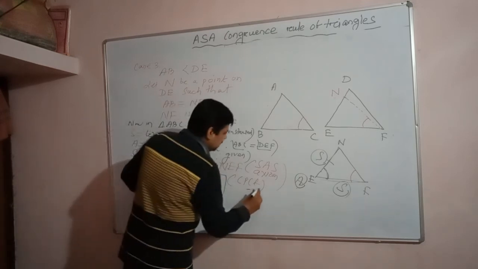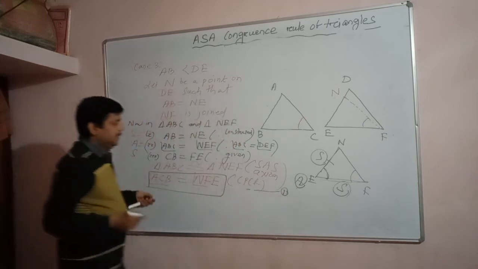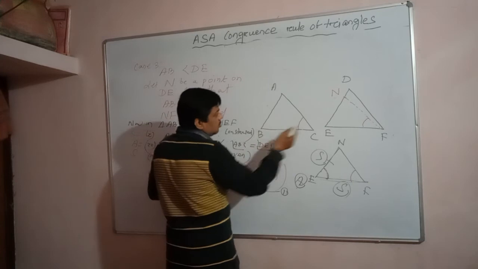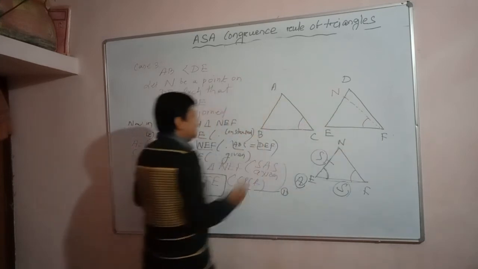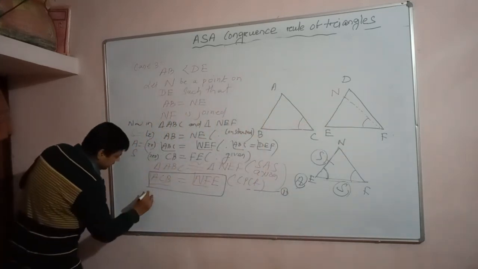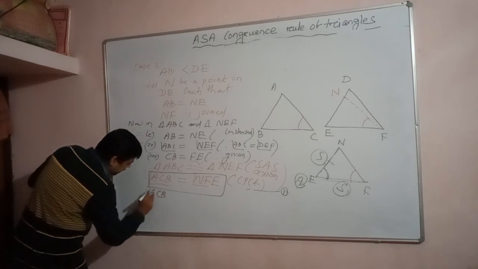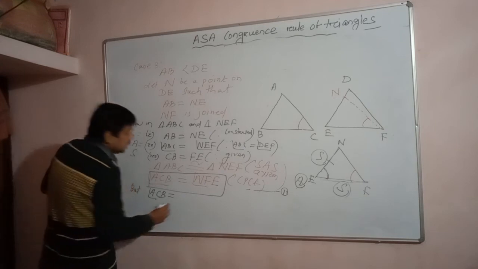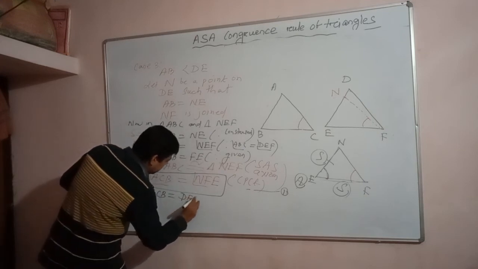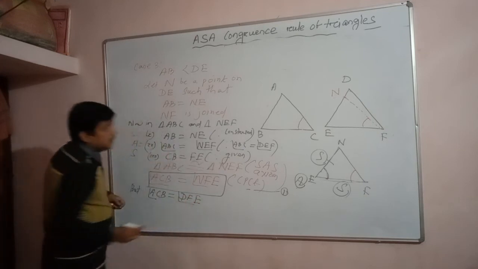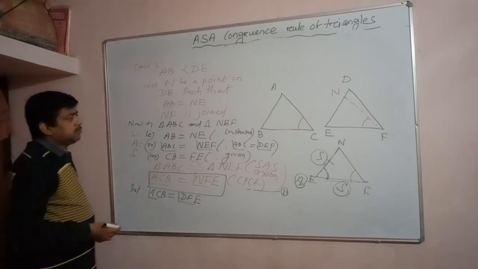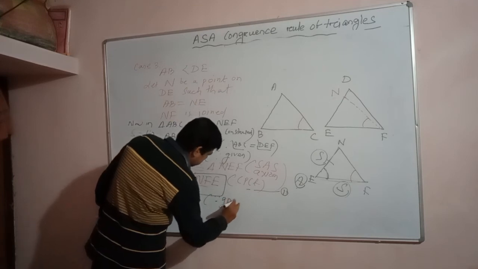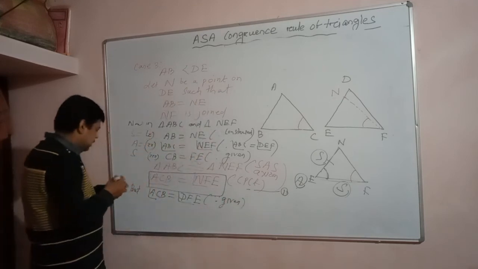So suppose again you see, it is given that angle ACB is equal to angle DFE. It is given. Yes or no? It is given that angle ACB is equal to angle DFE.